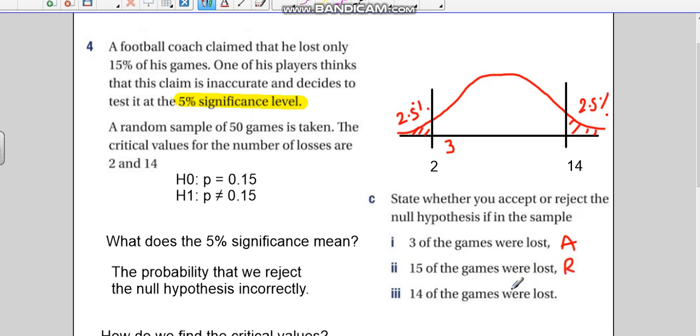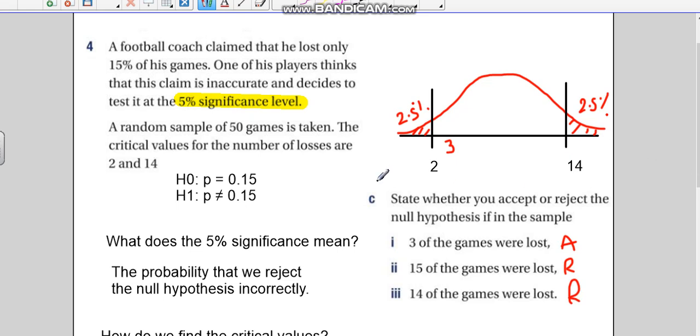And 14 games, now 14 is my critical value, so we reject the critical value as well. We would reject 14 because it's 14 and higher.